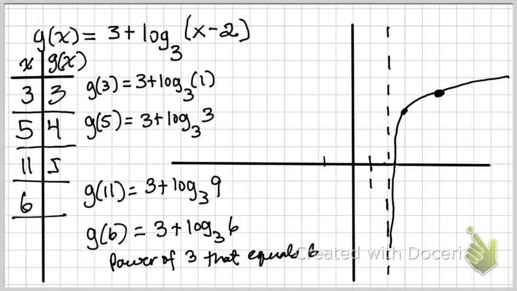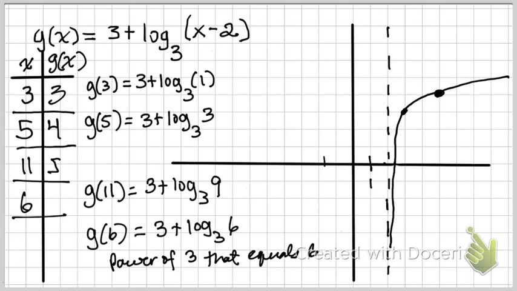And if I did 3 to the second, that'd be 9. That's too much. So it's somewhere between 1 and 2. Not a convenient value. I could do something with a calculator, maybe it's about 1.5. But that's why we want to use convenient values if we can.